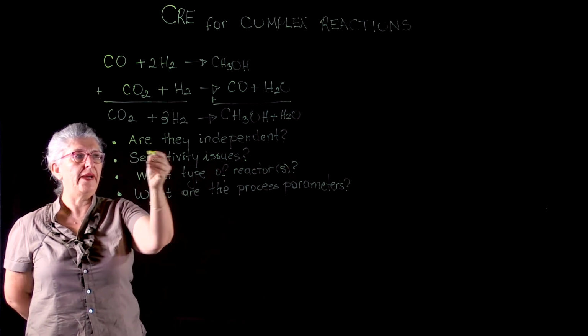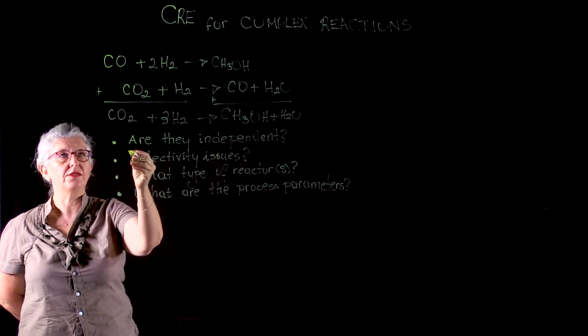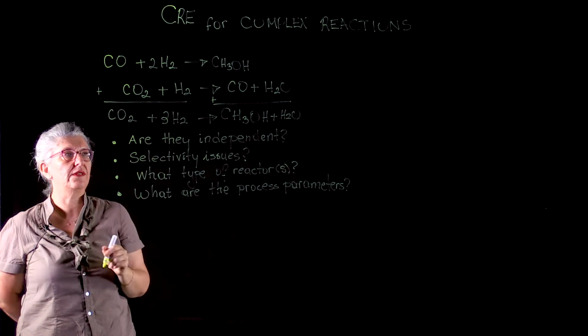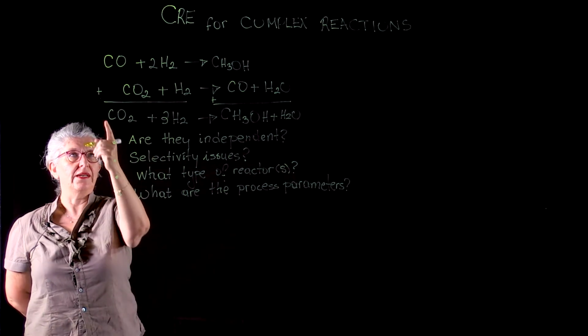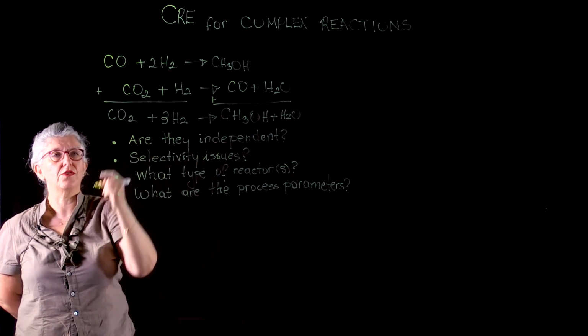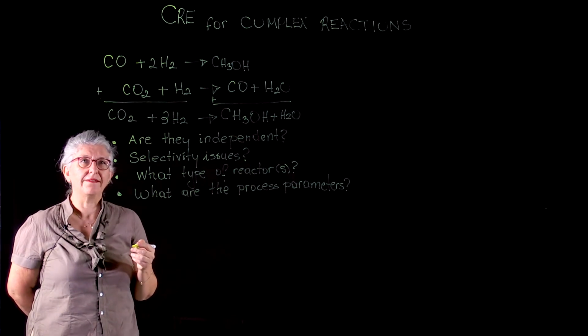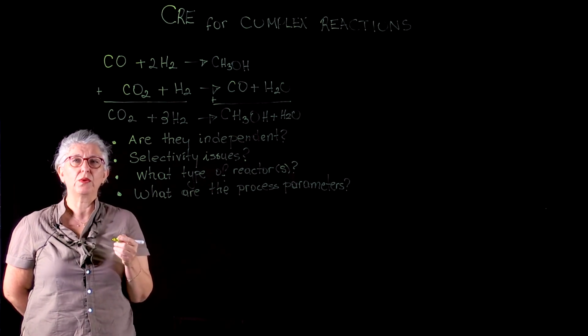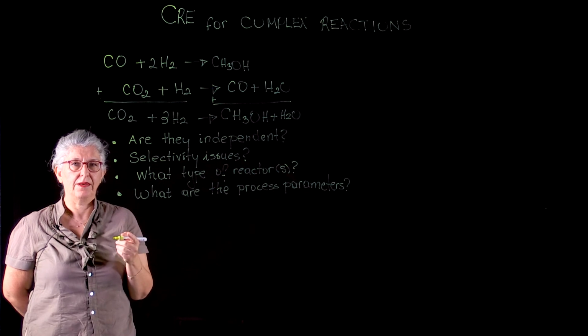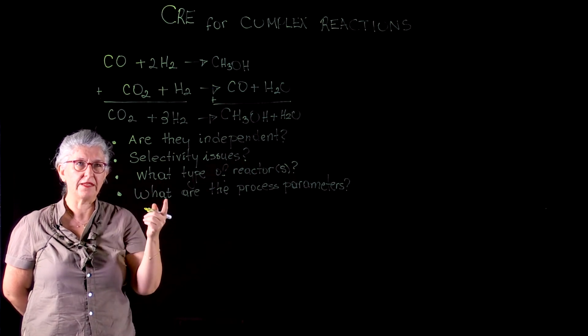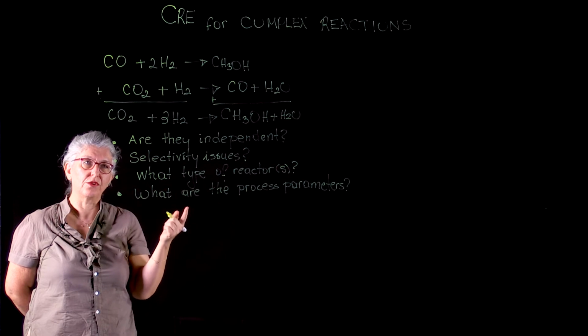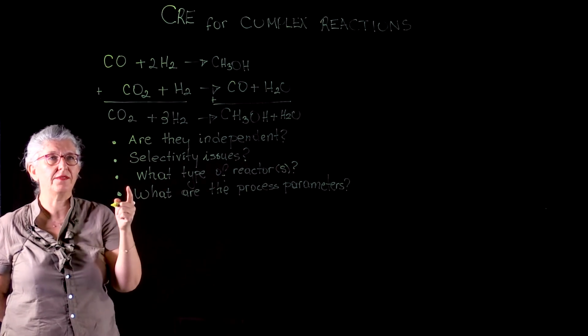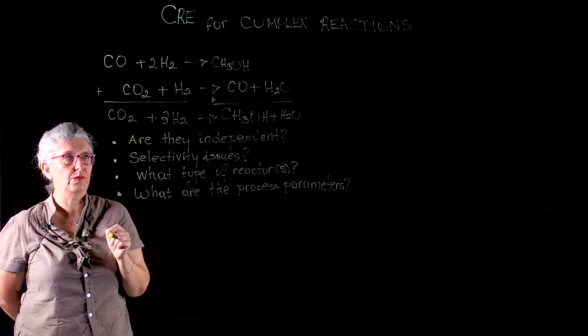The independence question is easily answered by looking at the reaction network. For a three-reaction system, we can see that only two of them are independent, as we mentioned earlier. The third one is derived based on the two.